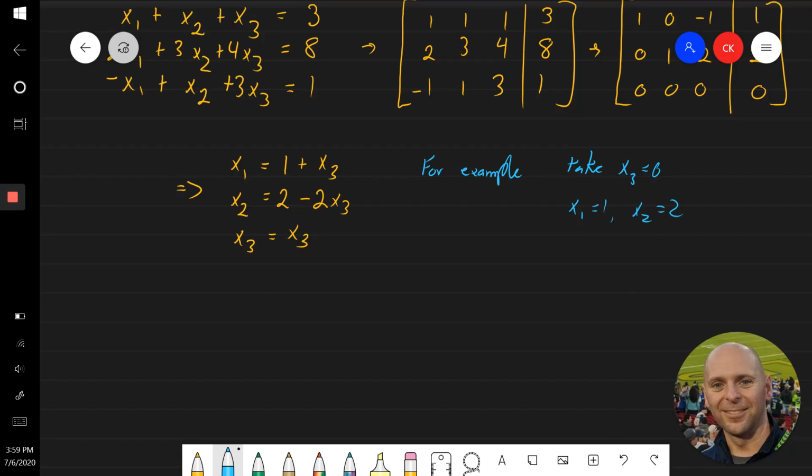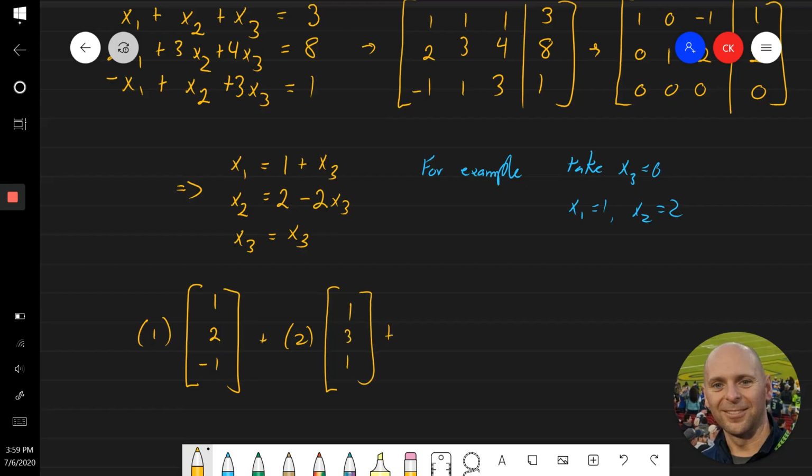So I have a linear combination that looks like this: 1 times A1, which was 1, 2, negative 1, plus 2 times A2, which was 1, 3, 1, plus 0 times 1, 4, 3, which is A3, and that is equal to 3, 8, 1, the given vector.